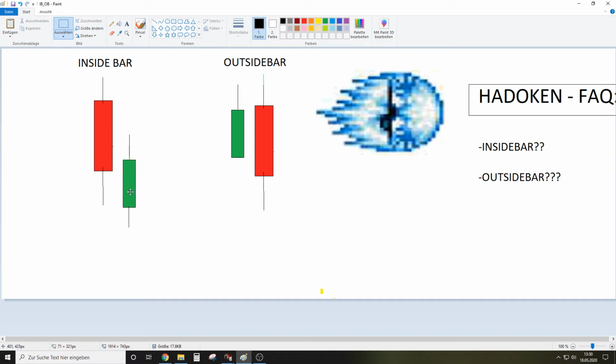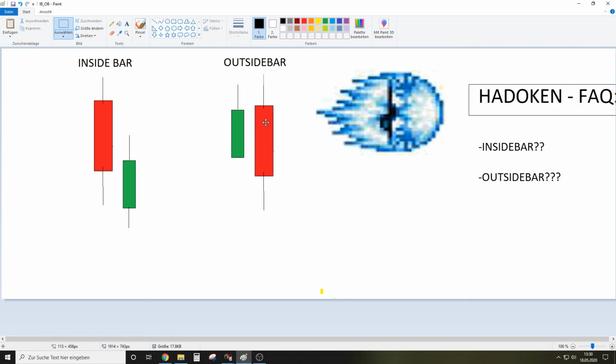If I moved it down too far, now it's not an inside bar anymore. It would just be a normal bar, and most bars are neither inside or outside bar, right? So just to be clear, this is a special case in a way. Of course they happen frequently, but it's not the normal case.